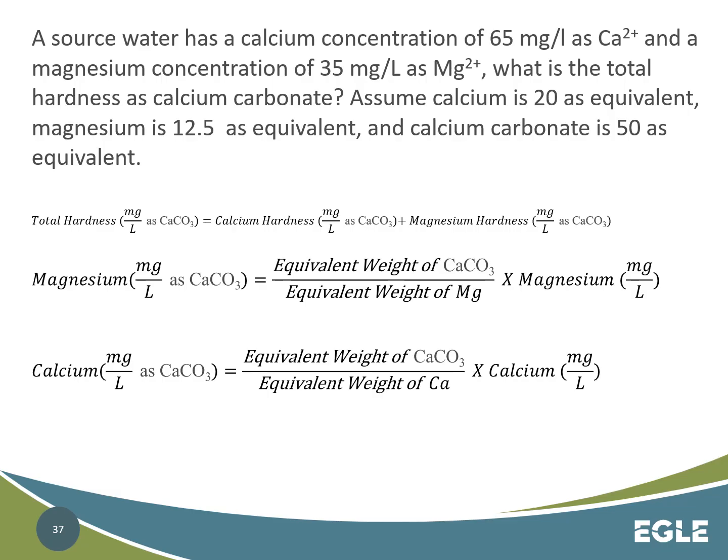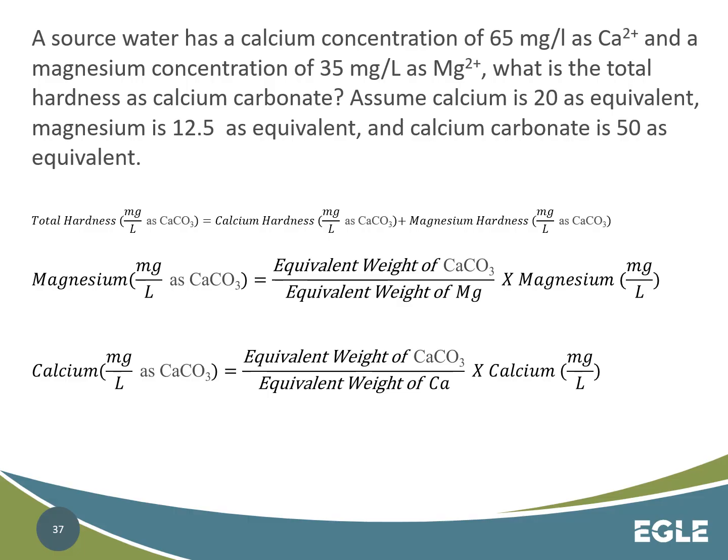So, just as a little recap: for the total hardness, in order to add these concentrations up, since they are in different unit terms, we have to first get them both in terms of calcium carbonate. Total hardness is the addition of the calcium hardness plus magnesium hardness.